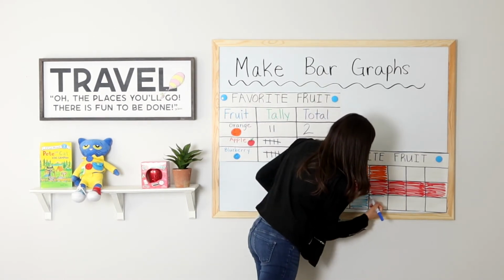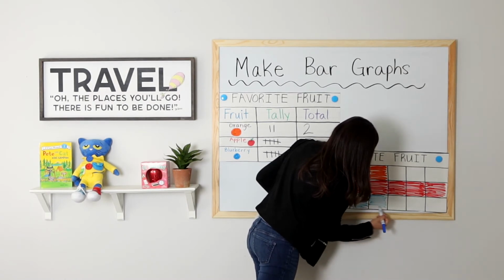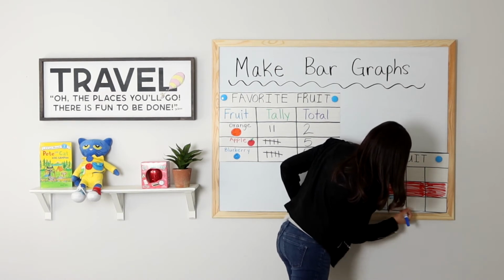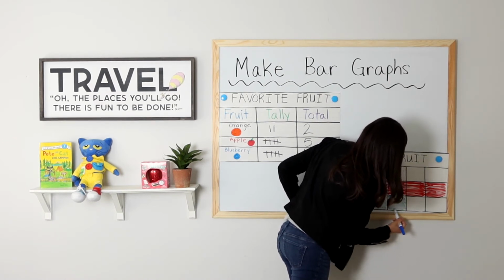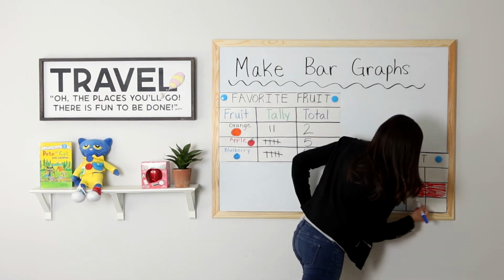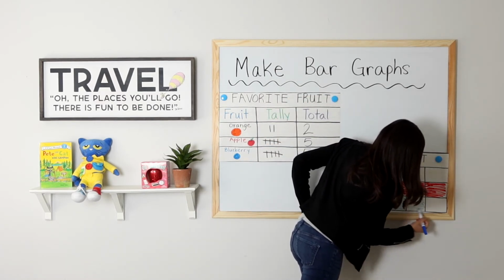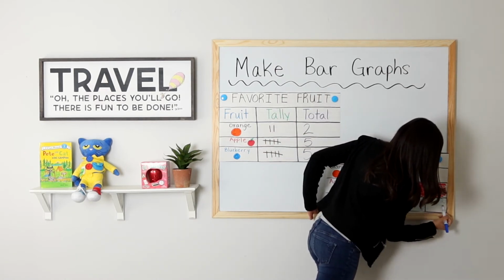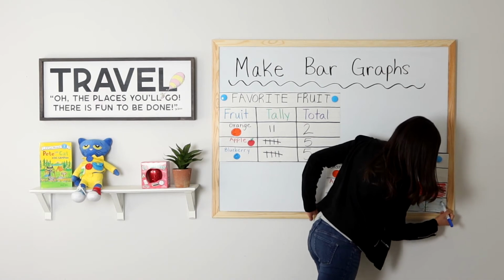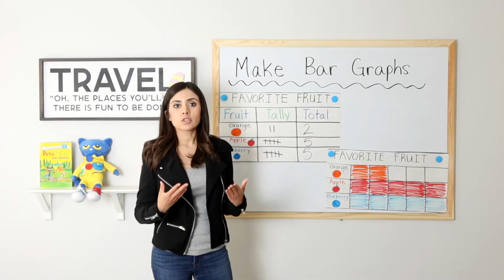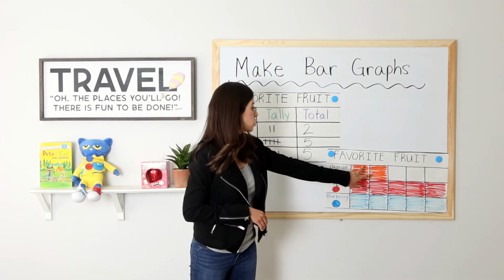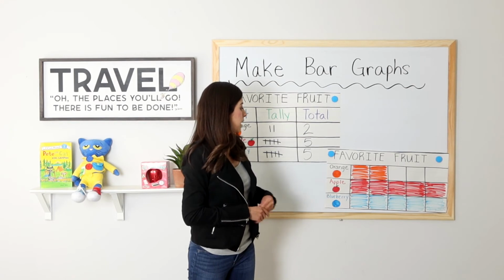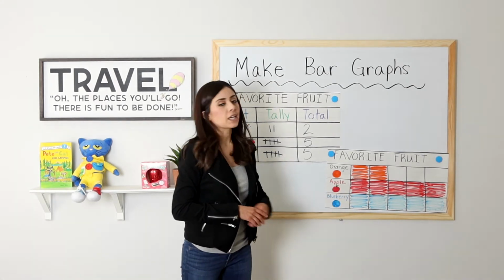One, two, three, four, five. So just like in my tally chart, I am showing that 2 students chose orange, 5 students chose apple, and 5 students chose blueberry as their favorite fruit.